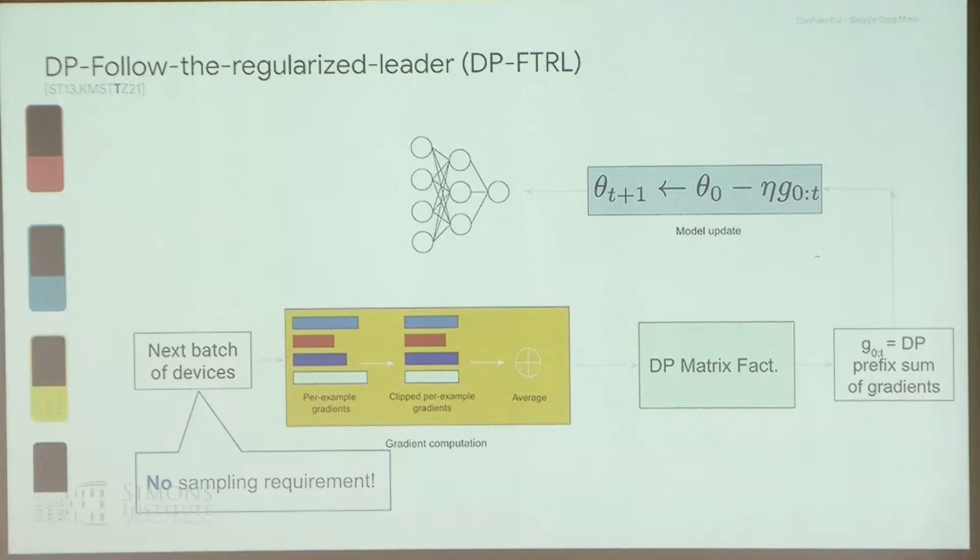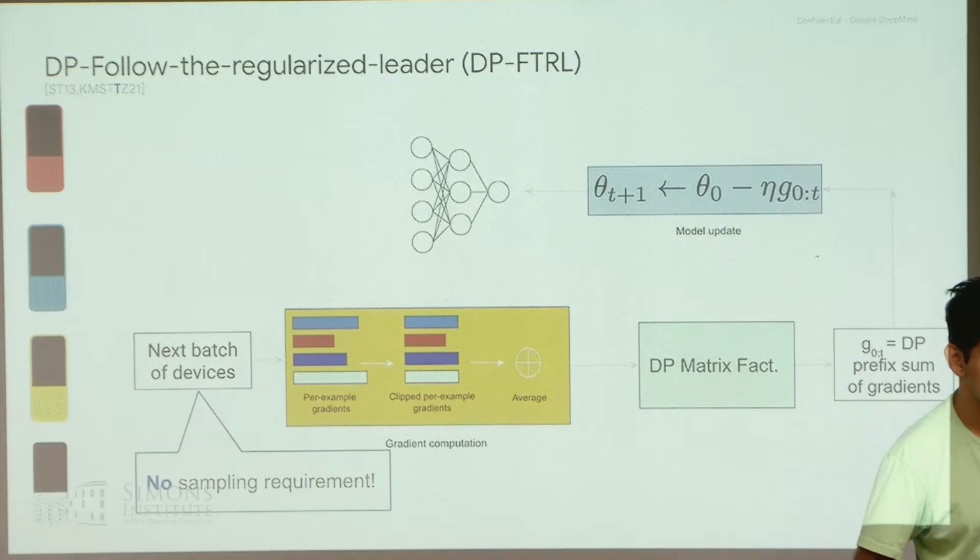You sample the next batch of devices, whatever you get, and do pretty much the same thing: compute per-example gradients, clip the gradients, and then feed them into this, right now black-box, object, DP matrix factorization, and that magically gives you a differentially private version of the prefix sum of the gradients you have seen. This starts being similar to what Sophia has spoken about. Then you do your standard gradient descent update and move on with your life. This is DP-FTRL. The major advantage is that you have no amplification. You just get data in a stream, process it, and go forward.